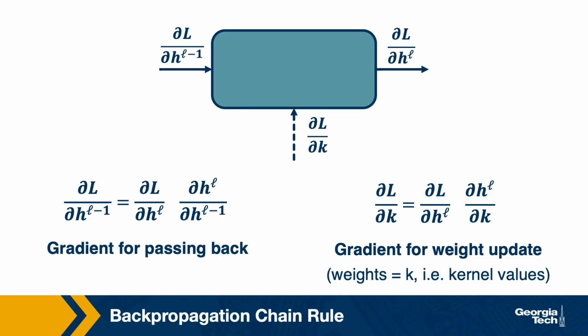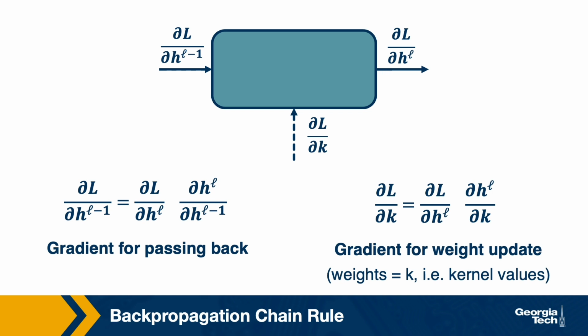Just like any other layer, we'll define the convolution layer as some black box that has an input, an output, and a set of parameters. Specifically, it has an input H of L minus 1, typically some tensor, an output H of L, where again the depth is equal to the number of kernels in this layer, and W, the learnable parameters. In this case, the parameters are the kernel values themselves.